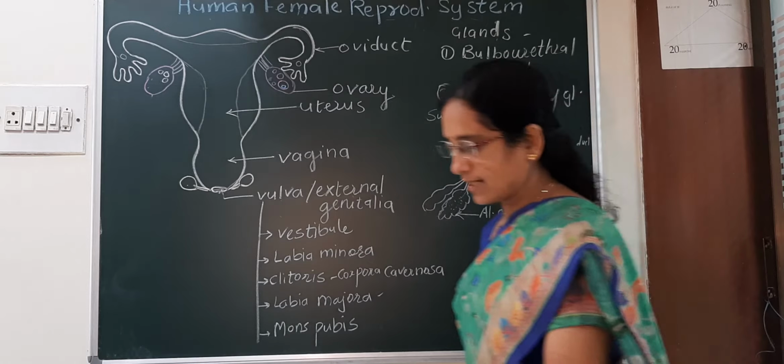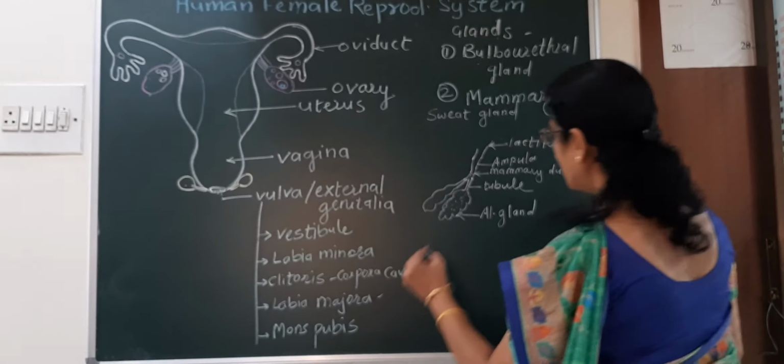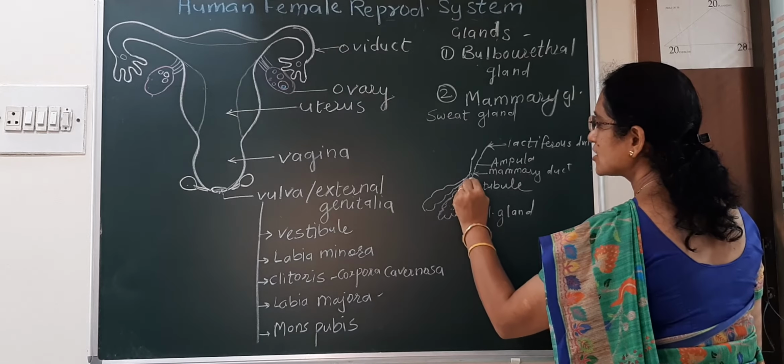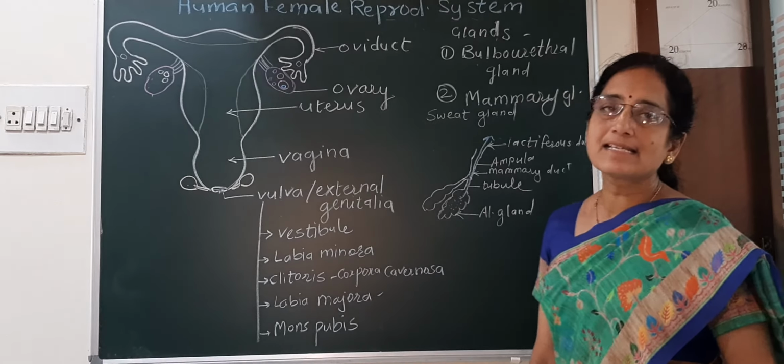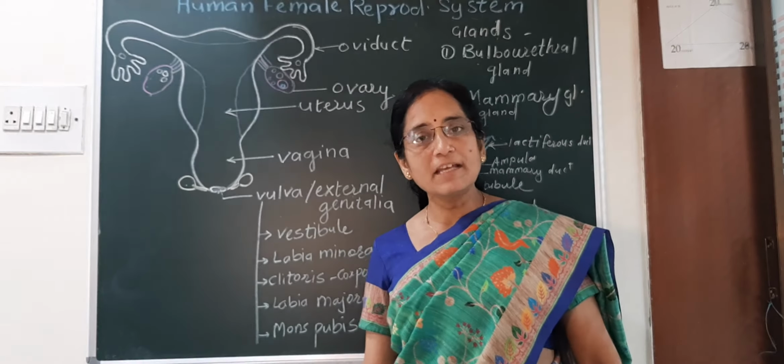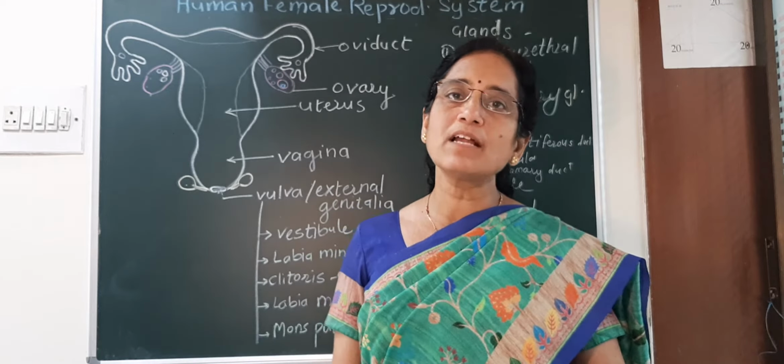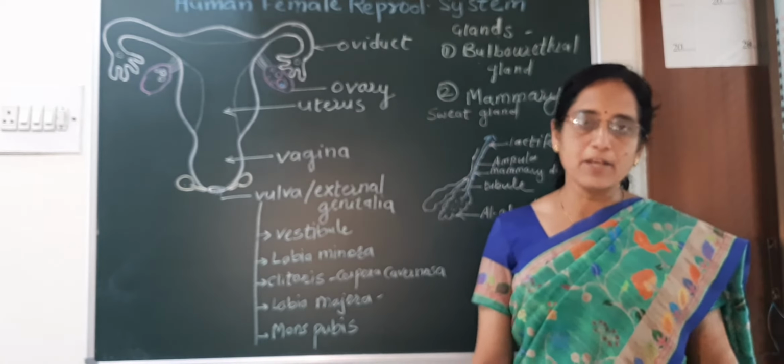The secretion is given out through the nipple, and the dark part around the nipple is called the areola.